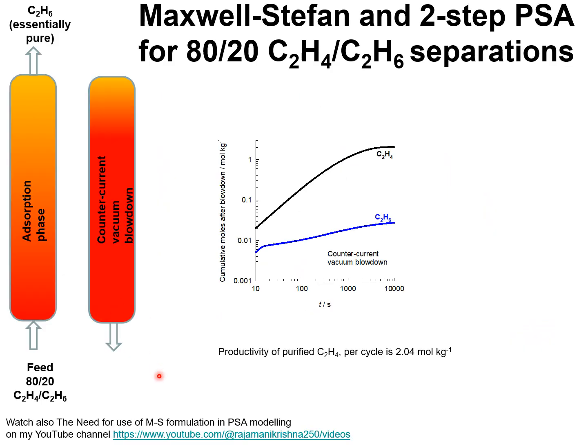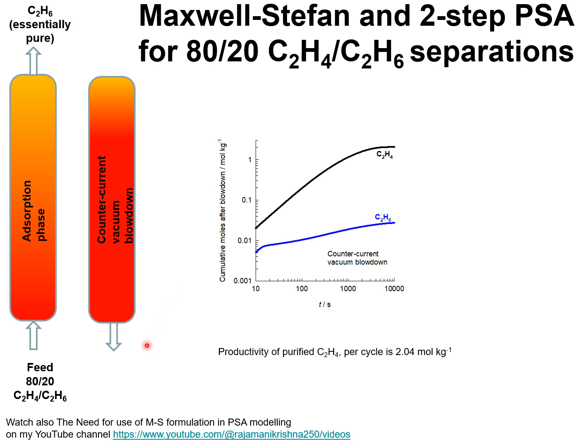To further drive home the message of this presentation, I carried out simulations for separations of 80-20 ethane-ethene mixture using cobalt gallate with a simplified 2-step PSA scheme consisting of the adsorption phase with countercurrent blowdown.